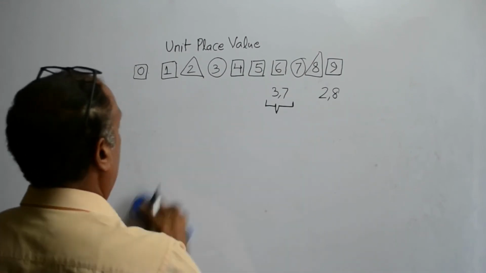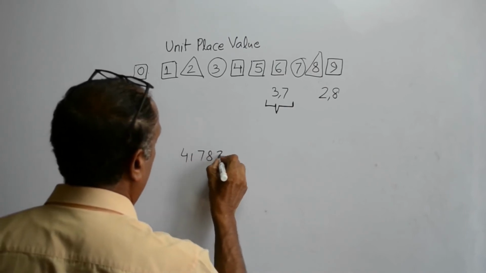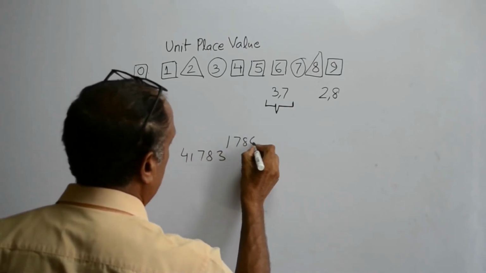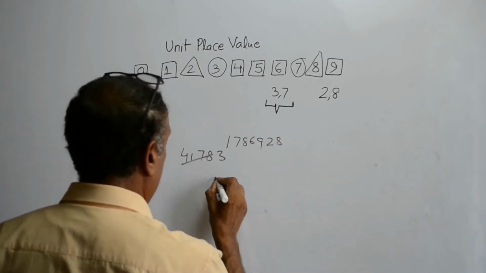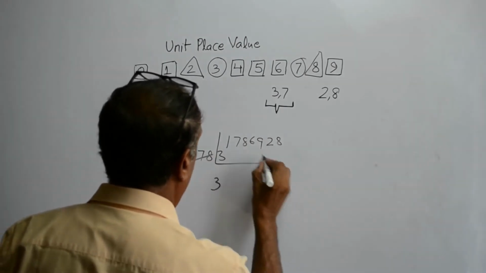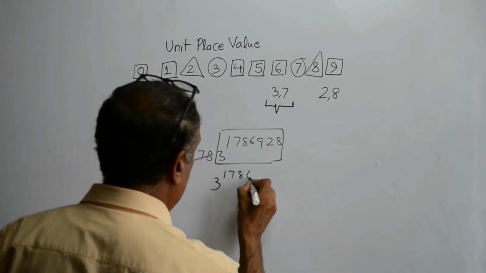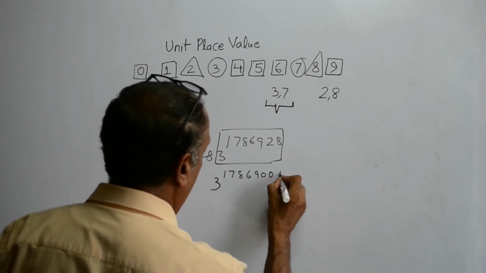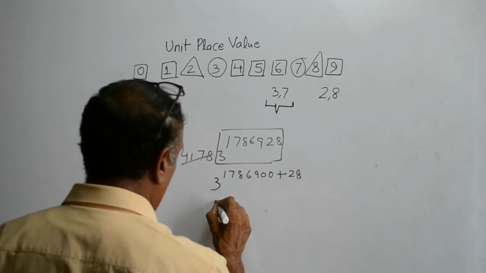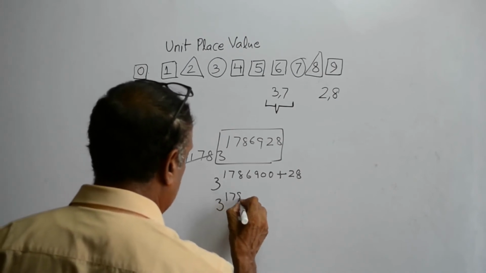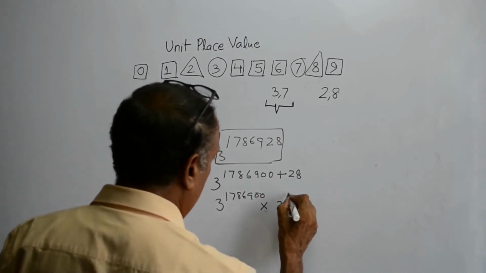Now let us take 41783 raised to power 1786928. We are interested only in this part. This will be equal to 1786900 plus 28. It means it will be equal to 3 raised to power 1786900 multiplied by 3 raised to power 28.